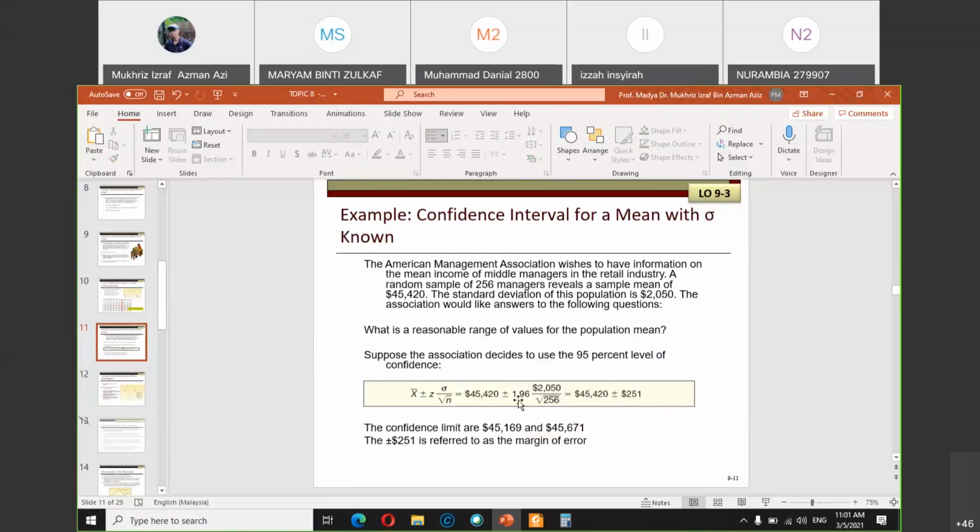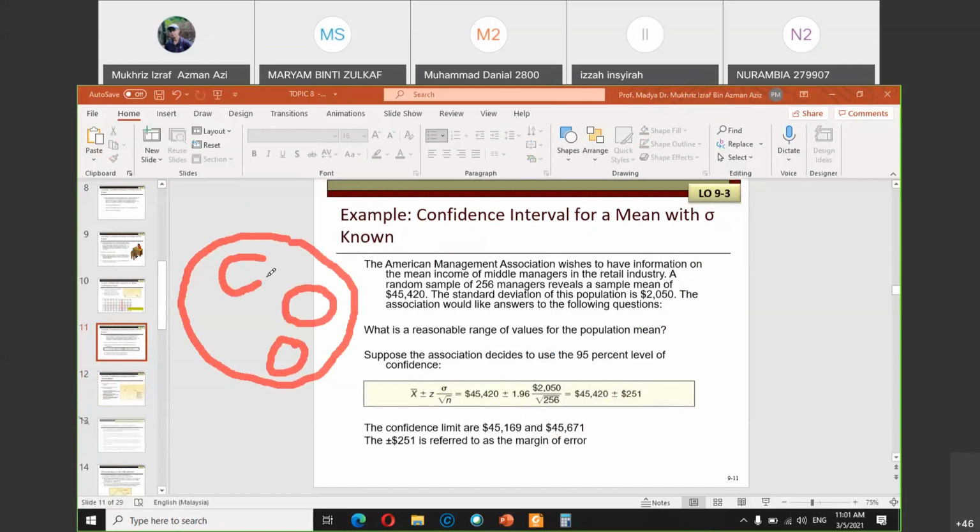Let's say this is the pool of managers, and you have 1,000 managers. So this is 256, this is another 256 that you can take, this is another 256. If you repeat the process many times, this is one attempt, meaning one interval.